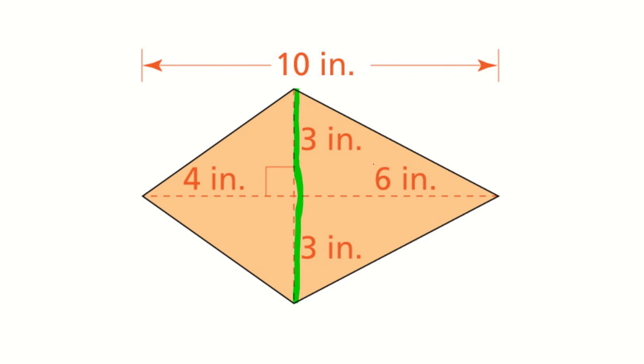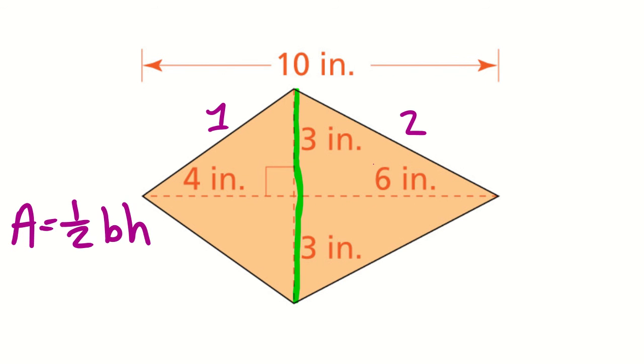So I have triangle 1. I'm going to label it triangle 1, and I have triangle 2. And if we recall, the area of our triangle is 1/2 base times height. So remember, the base of the triangle is the sort of flat side of the triangle. Even though my triangle here is sideways, if I'm considering this green line the base, I can still call it the base.